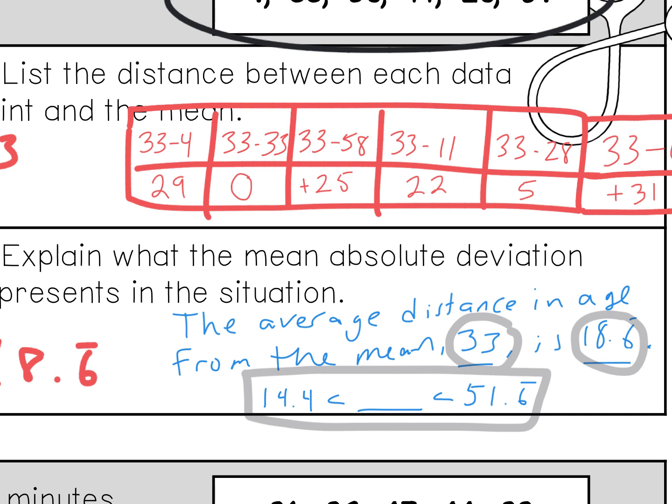It could be 17, because that's between the two. Now, you're going to get some people outside of those, like the 4-year-old or the 72-year-old, but most people will fall in between those two. And that's what this is for.